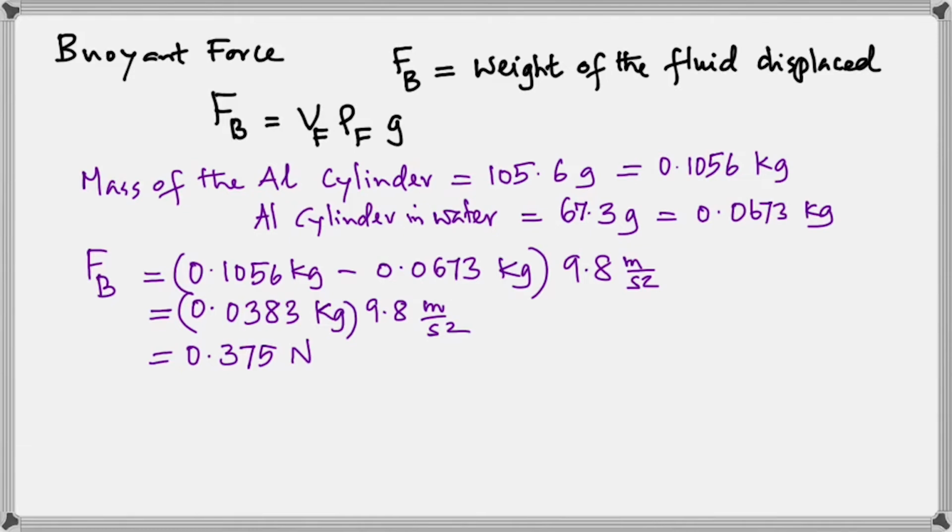That's a huge object, so it's going to go down by a lot, and then the buoyant force is going to be much more, all right? This is small. Did that make sense? Yes or no?